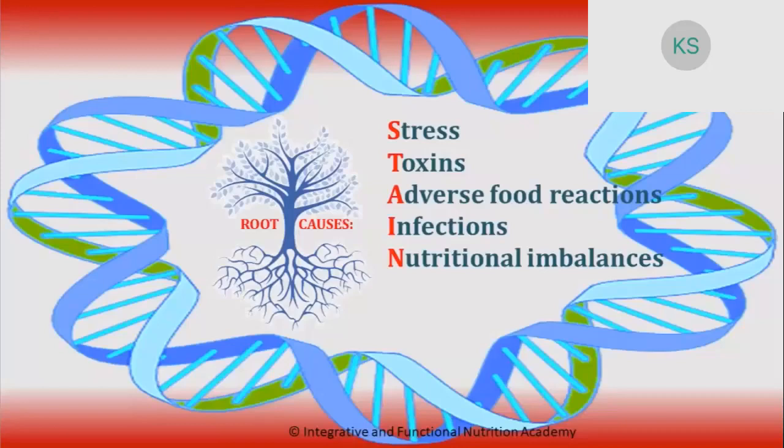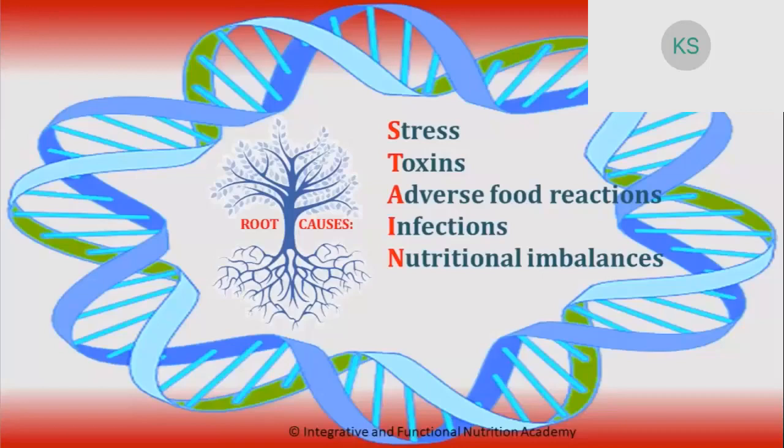And then the A in STAIN refers to adverse food reactions. How might food allergies or intolerances, things like histamine, FODMAPs, gluten, be impacting our patient? And I for infections, both acute and chronic, especially chronic, such as, take for example, a patient's history of gastroenteritis, tick-borne infections.